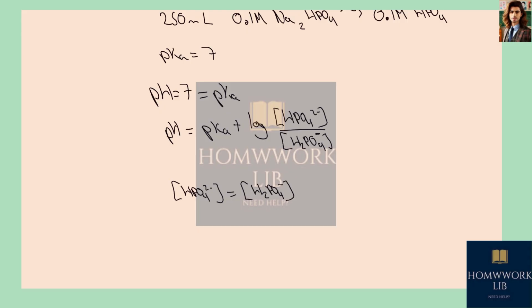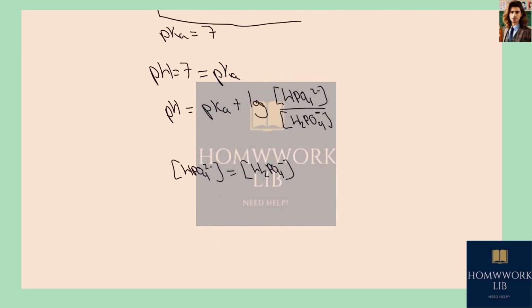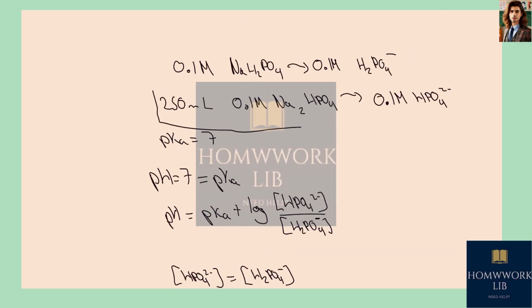And how can that be possible? Well, if we have 250 milliliters of the solution, the amount of moles that we're going to get of HPO4 2 minus is going to be 250 times 10 to the minus 3 liters times 0.1 molar.